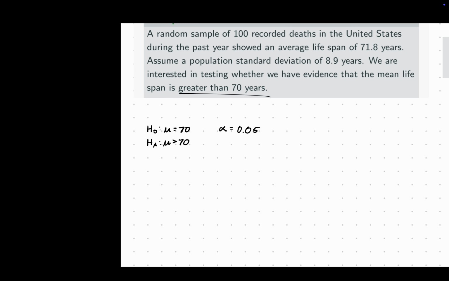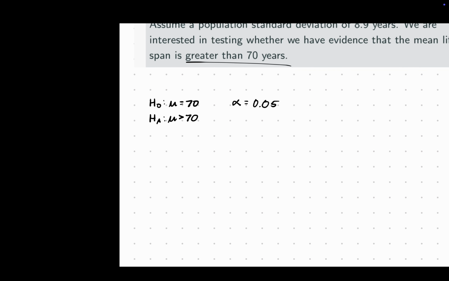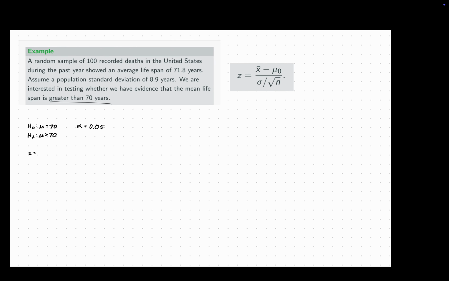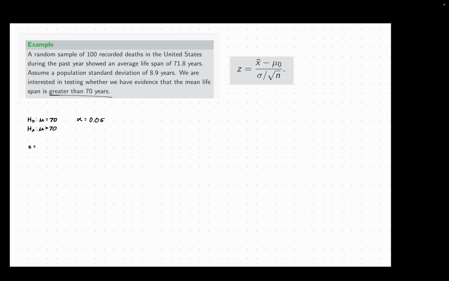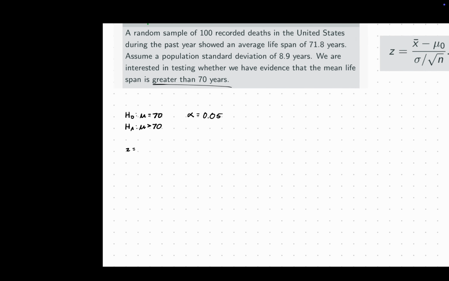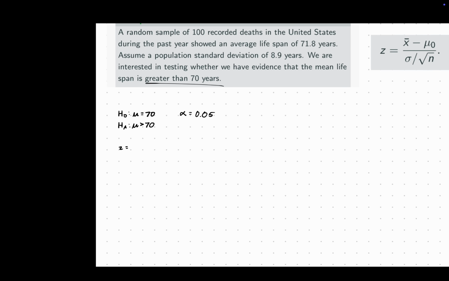Okay, and then we can now calculate our z value. So we have our formula for our z value over here, so we can just use that. So we have our sample mean.